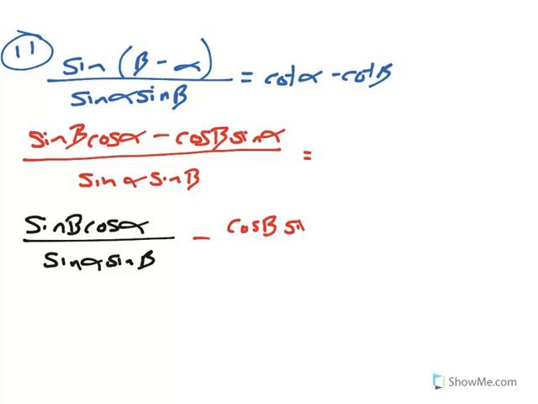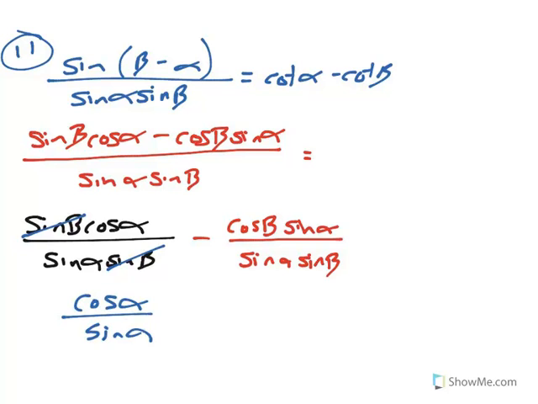So once again, I took the two different terms in the numerator, and I separated them. It's like I unsubtracted the fractions. So is that helpful? Well, it actually is helpful. In this first fraction, if you're multiplying the top and bottom by the same thing, they cancel and give you 1, which would leave us with cosine of alpha divided by sine of alpha.